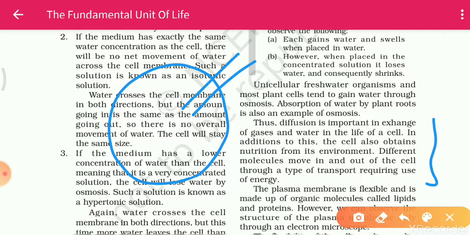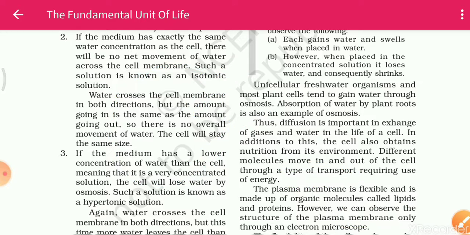But some molecules also come in and go out through a type of transport which needs energy. We can see that with the help of this transport, the molecules move in and out of the cells. Now let's proceed to another paragraph.